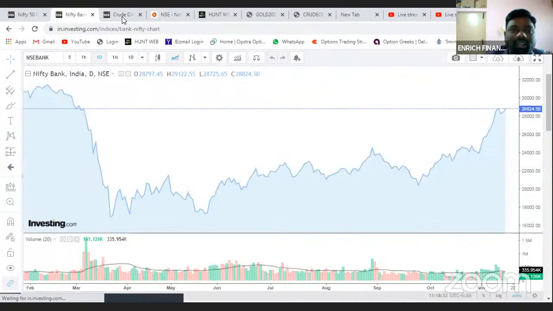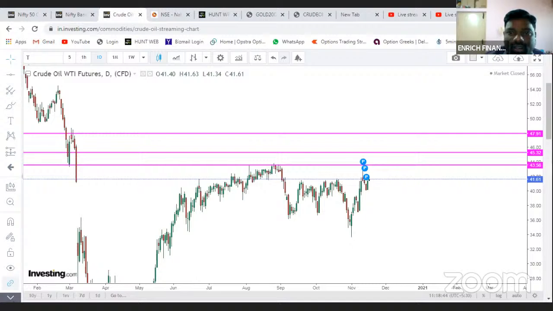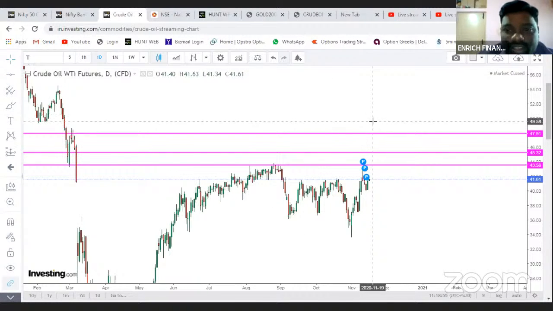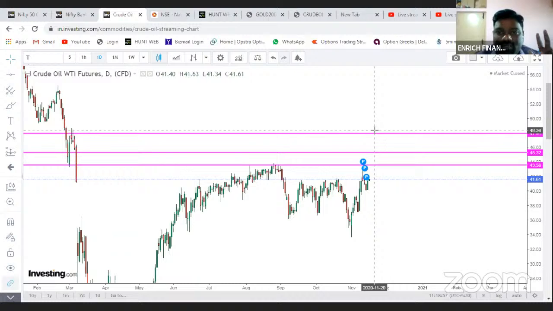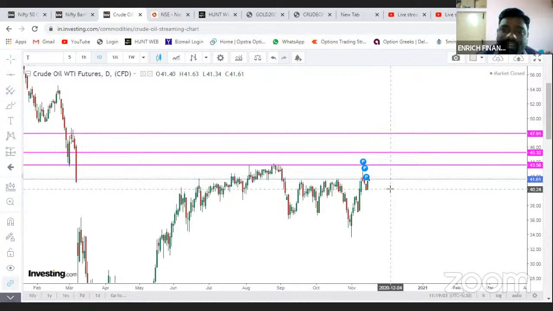Next we move to the commodity market. Overall, the commodity market is also in a bullish manner. Only in the last 2 to 3 weeks have we seen crude oil turn bullish, because of two things. One is the COVID-19 recovery and the US election impact.